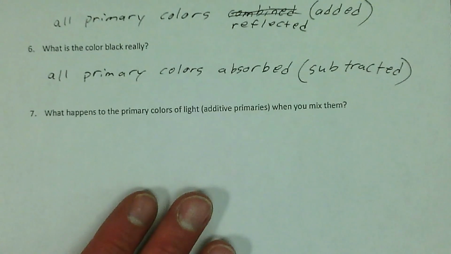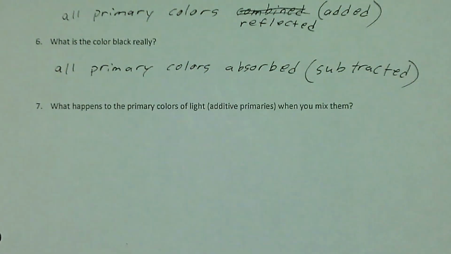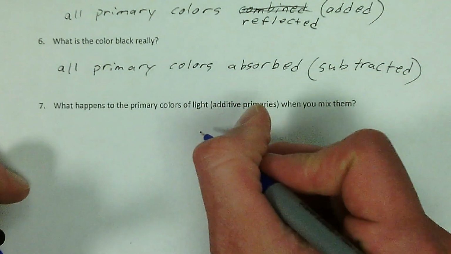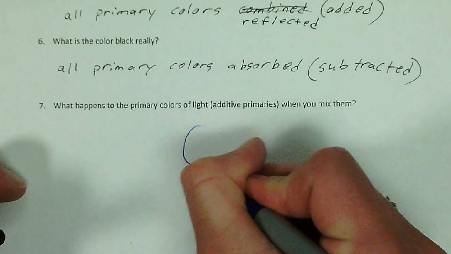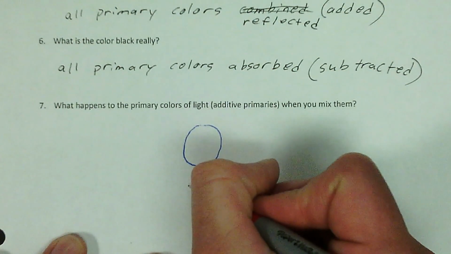All right, so what happens to the primary colors of light when you mix them? Here are my primary colors. Here is blue. Here's red.